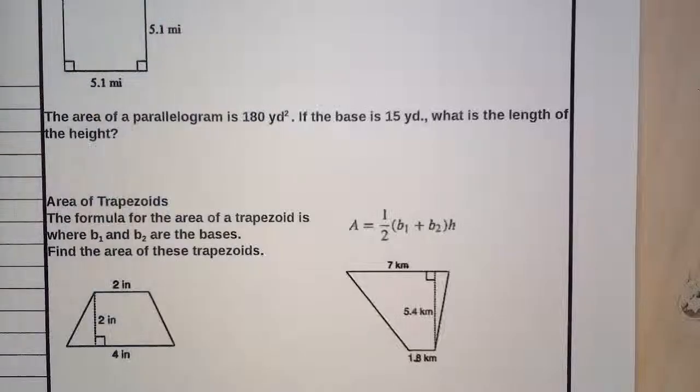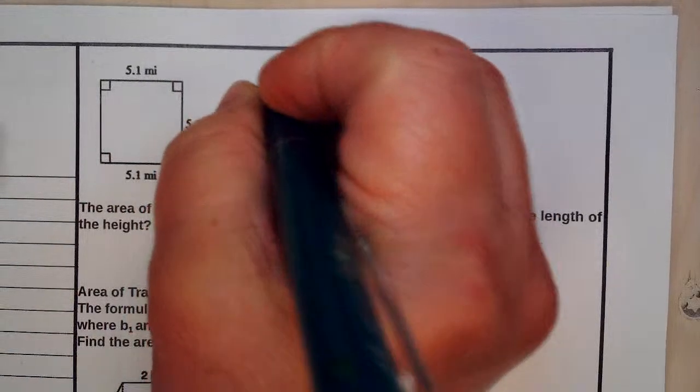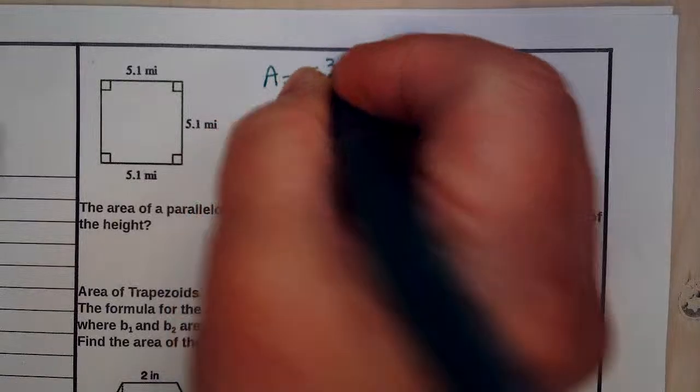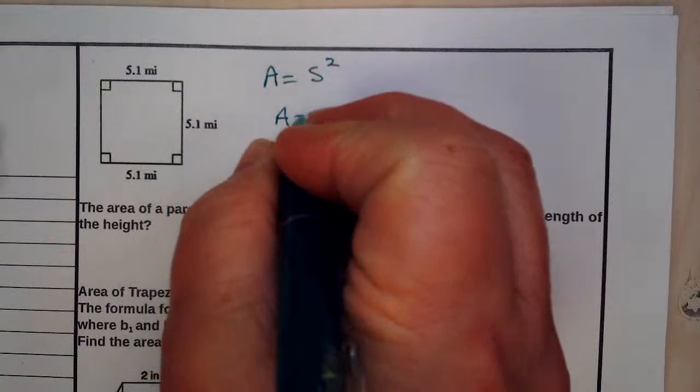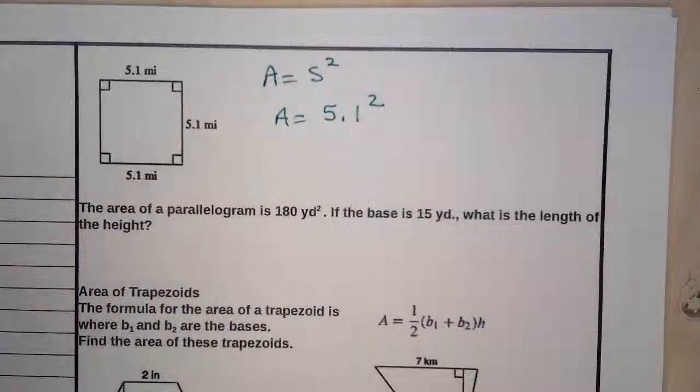What if it's a square? What if all those sides are the same? Well, the area is simply side squared. So this area would be 5.1 squared.